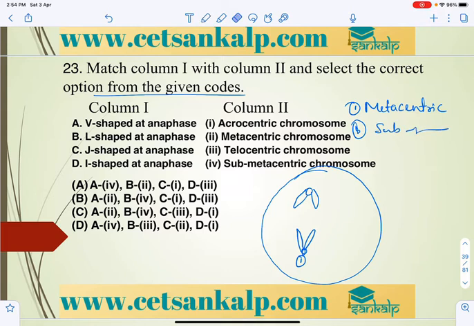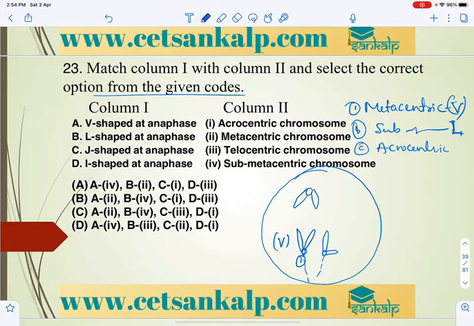Generally one side is a little longer, that is L shape, and metacentric is V shape, right. Whereas here L shape, so one is longer and the other one is a little shorter, and these will move towards opposite poles sometimes. So it will be in different cells, and submetacentric, metacentric, submetacentric, and acrocentric.